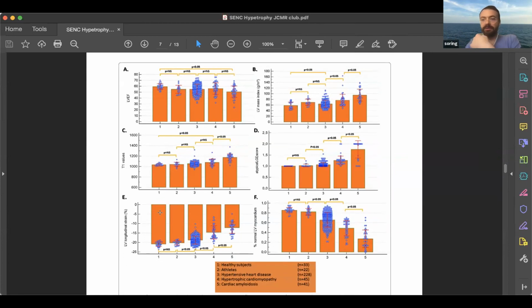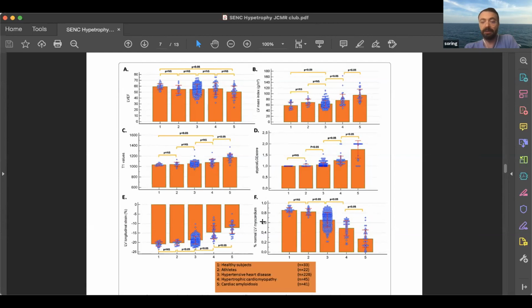The values for longitudinal strain, and I'm referring here not to the minus values, I'm referring to the absolute values, decreased from normals and athletes to patients with hypertensive heart disease, further to patients with hypertrophic cardiomyopathy, and then the lowest values in absolute values were seen in patients with amyloidosis.